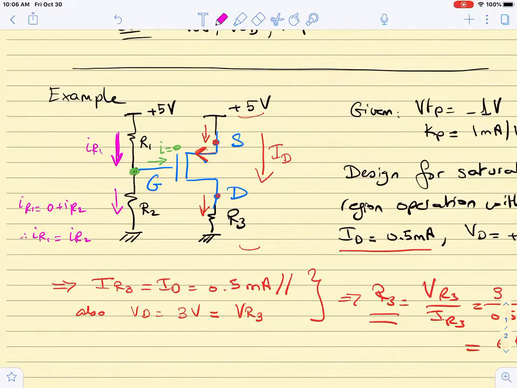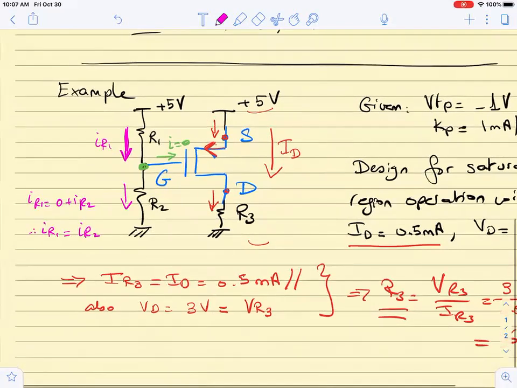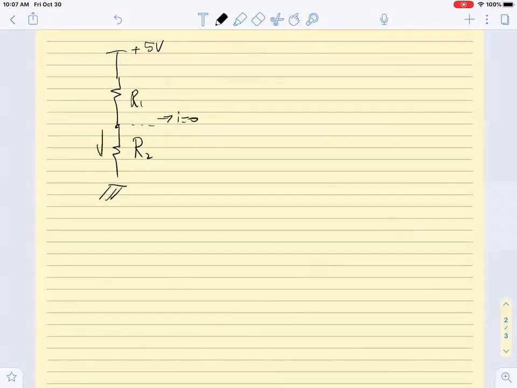Okay, now, whenever, anytime that I have two resistors where the same current is flowing in them, إذا أنا عندي هون plus 5 volts, I have R1, sorry for the noise from outside, this is R2, and this is the ground. Nothing is flowing here, the same current is flowing here.